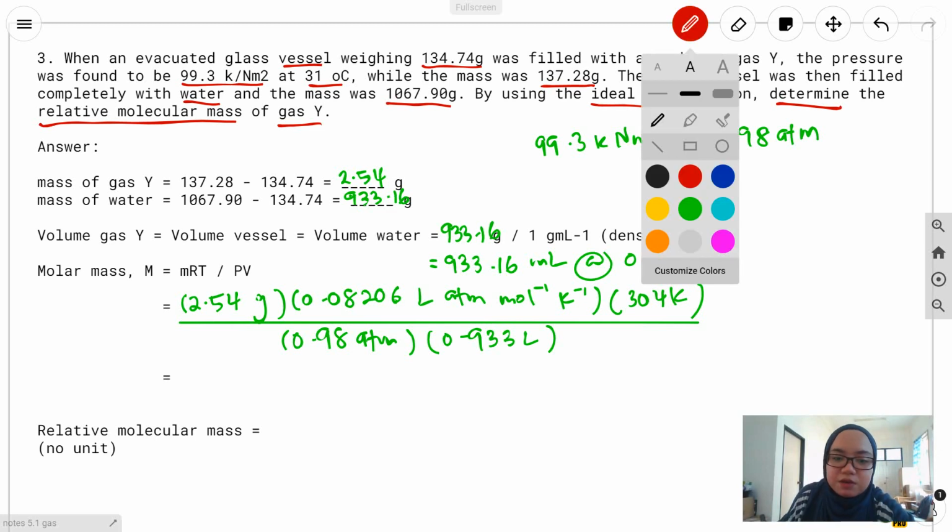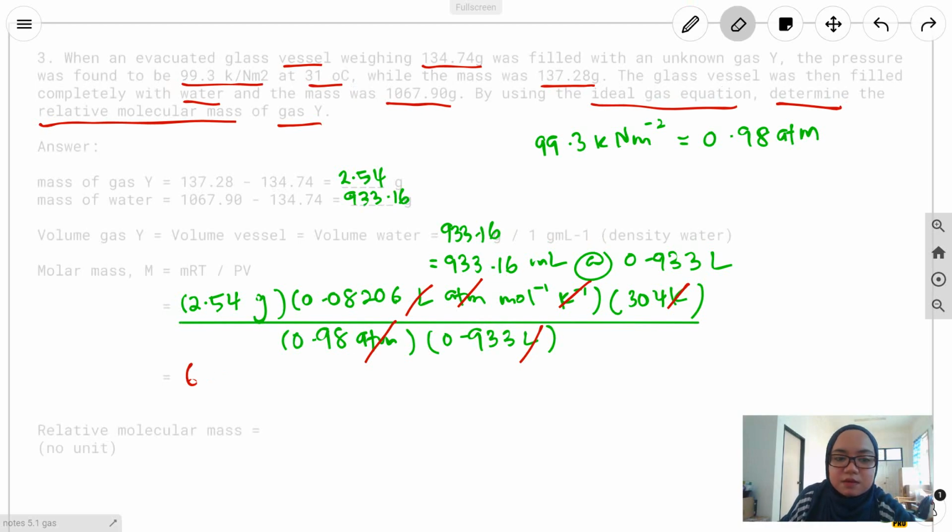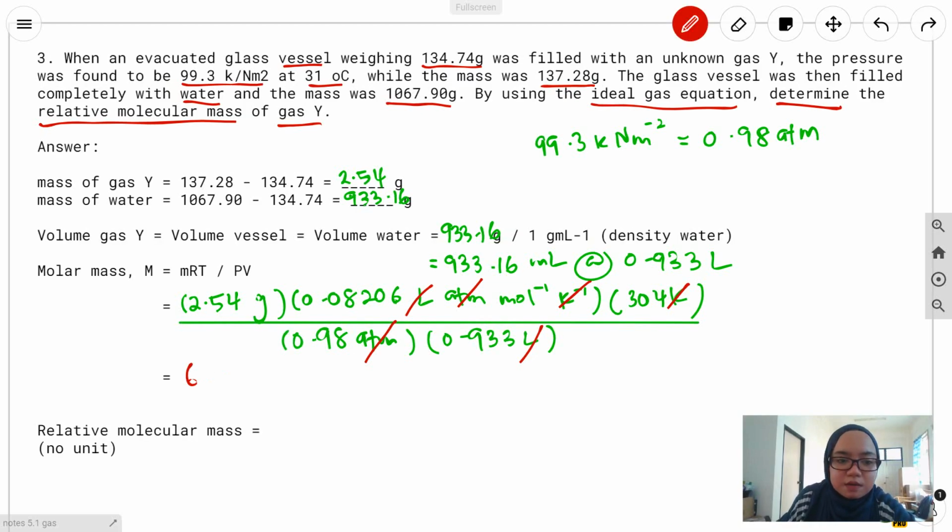Okay. So remember to cancel the liter, atm, Kelvin, leaving gram per mole. So we got 69.30 gram per mole.